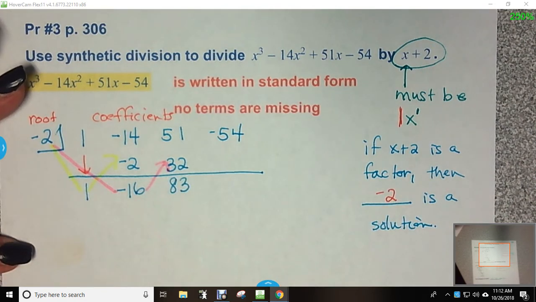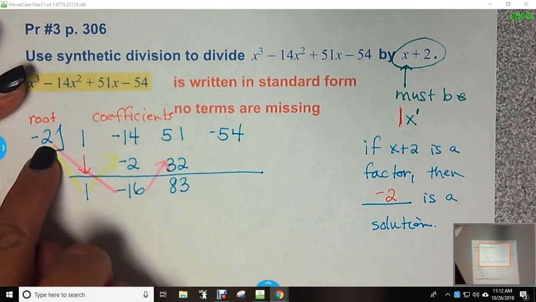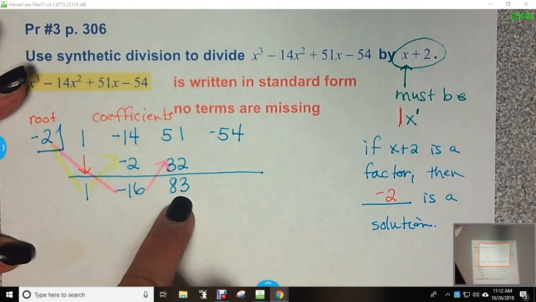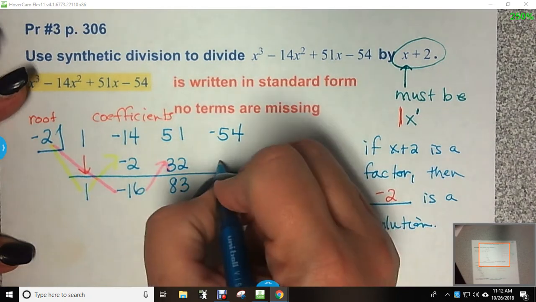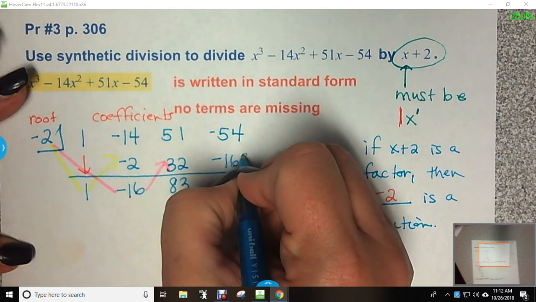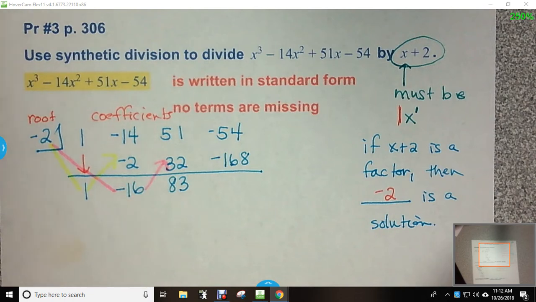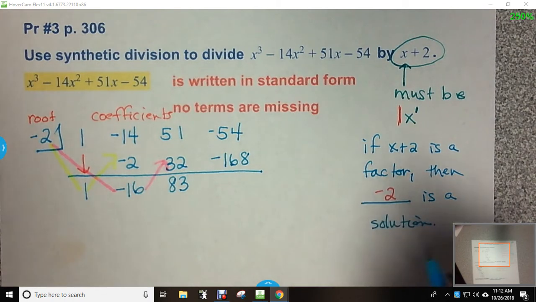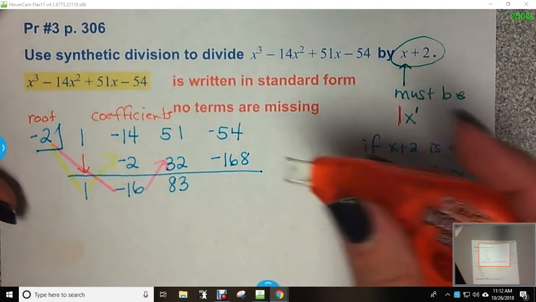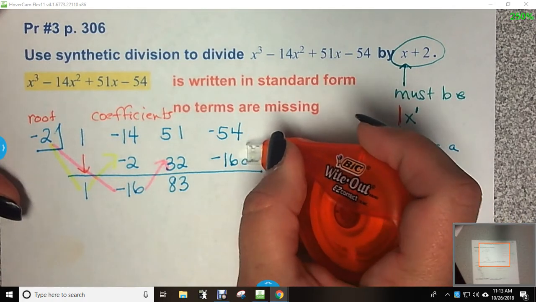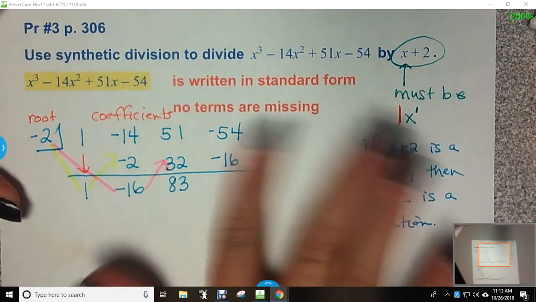I think if I draw any more arrows, it's going to get really bad, so I'm going to leave this last one off, but follow the same pattern. The number in the box times the new number underneath gives me negative 168. When I add that column together, I get 166. You're right. Yeah, sorry. I'm thinking ahead and it's not working for me.